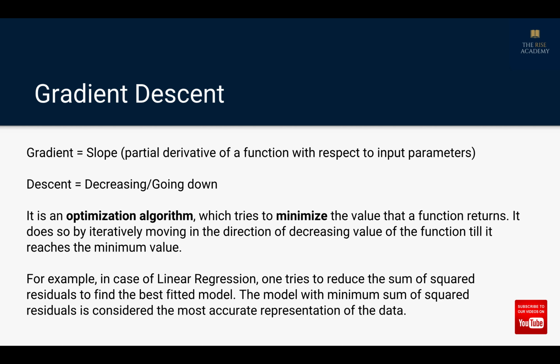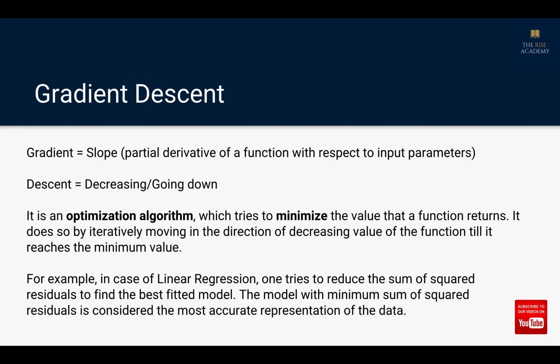For example, in case of linear regression, one tries to reduce the sum of squared residuals to find the best fitted model, right? So this is a minimization problem. We are trying to find the minimum value of the sum of squared residuals.